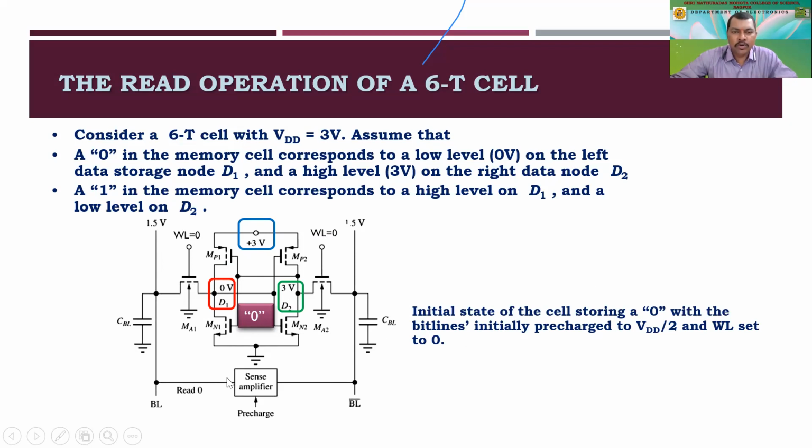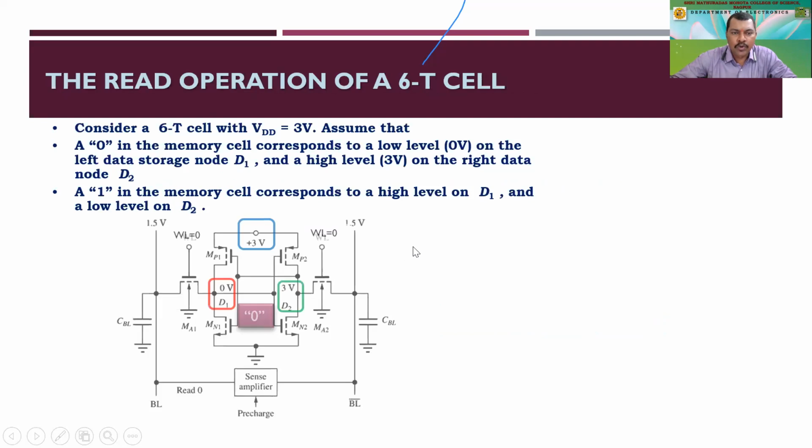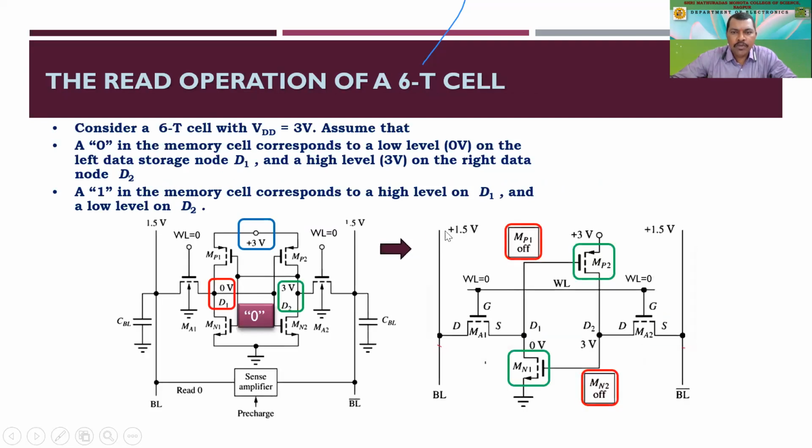So the sense amplifier is not going to sense unless and until we apply word line equal to high, then only it is going to work, right? So as soon as we apply a voltage over here, this side is off since we are having zero over here, and this side is on since it is showing 3 volts, right? Still the word line is zero.